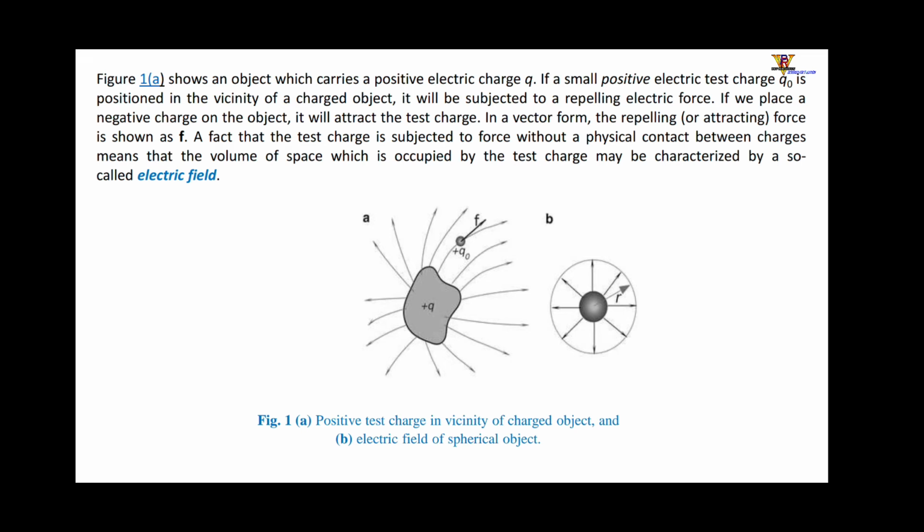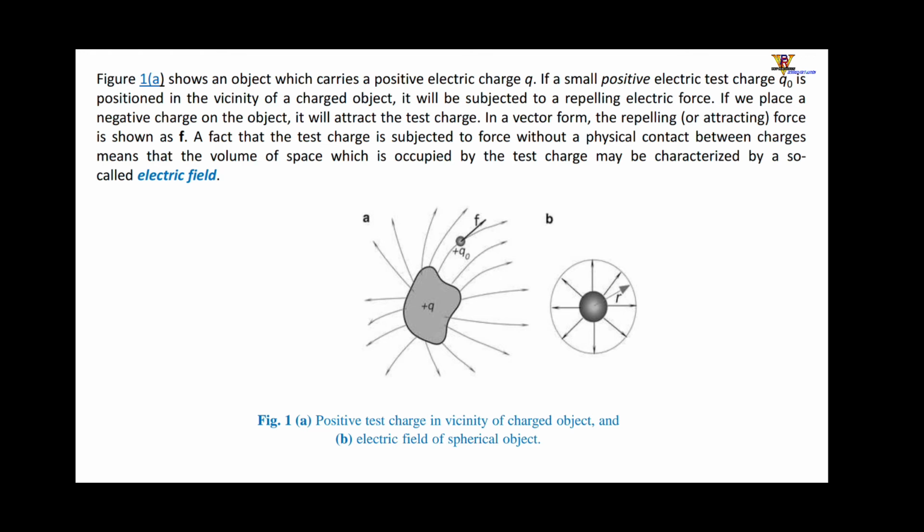Figure 1a shows an object which carries a positive electric charge Q. So this is a positive electric charge Q. If a small positive electric charge Q naught, which you can see between figures A and B, is placed nearby, some force is exerted on that positive charge, which is outward, and this small test charge Q naught is positioned in the vicinity of the charged object.